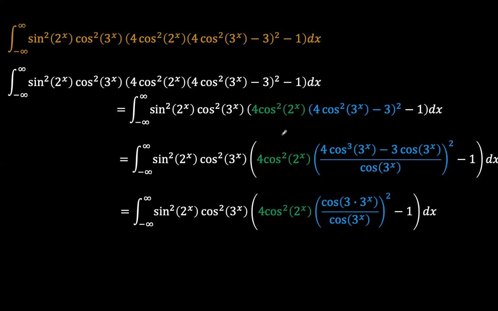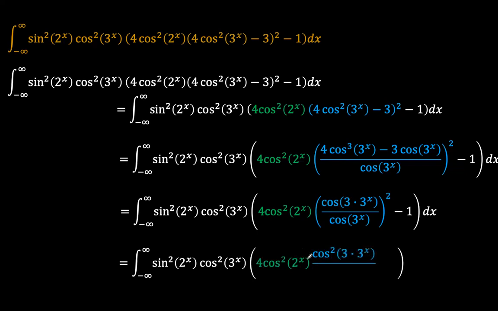Now let's shift our focus to the green part. That green portion can also be expressed by multiplying the numerator and denominator by sine squared 2 to the power x. Here we've just opened up the bracket by squaring both the numerator and denominator.